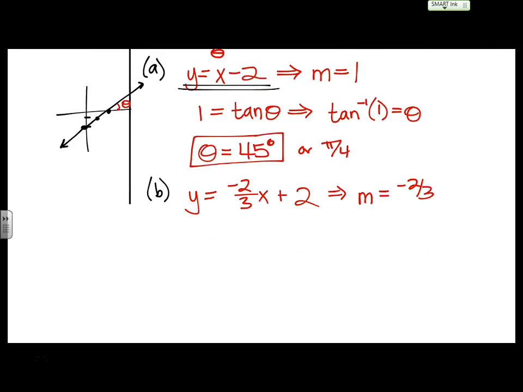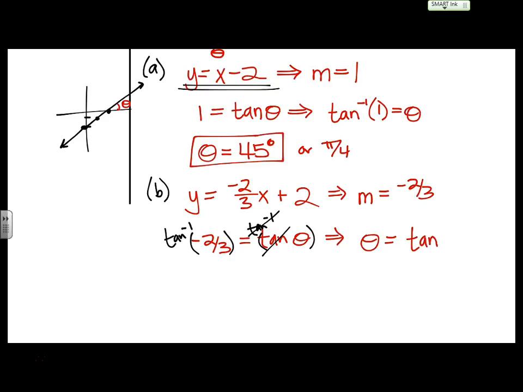How do we solve for our angle of inclination, our theta? So equal to who? And how do I get to theta? Tangent inverse of both sides. If some of you didn't follow what I did, I'm taking tangent inverse of the right, taking tangent inverse of the left, tangent inverse of tangent ultimately cancels out. And we can say theta equals tangent inverse of negative 2/3.